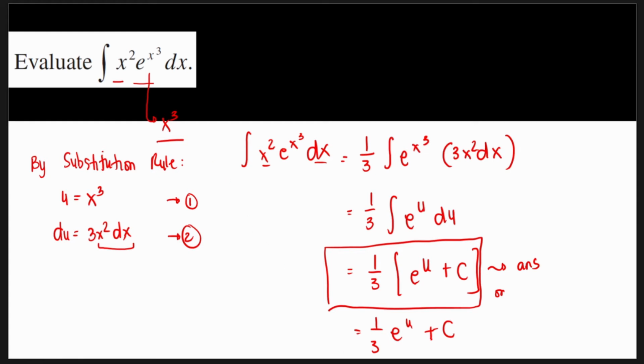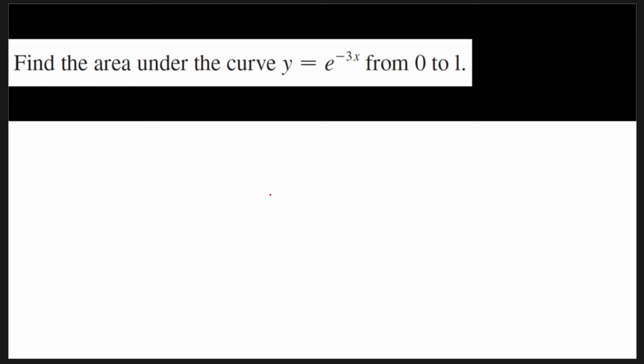Let's proceed. Find the area of the curve y equals e to the negative 3x from 0 to 1. Since we already know that an application of integration is finding the area of a curve in a Cartesian plane, we are just trying to integrate this with a given upper and lower limit.